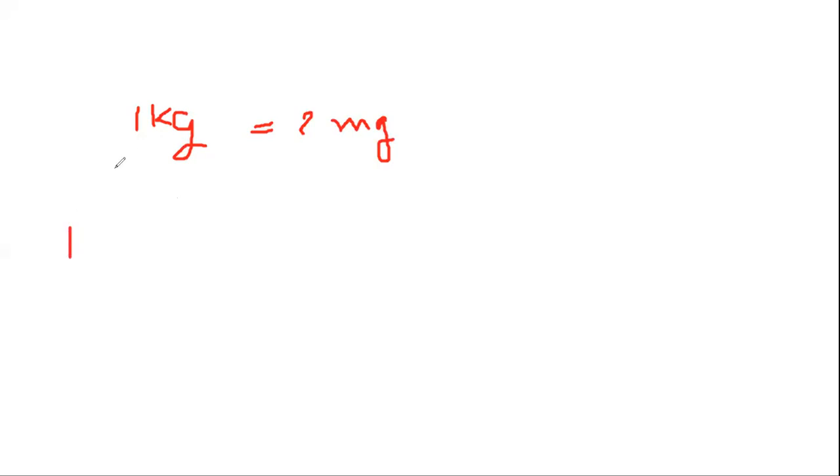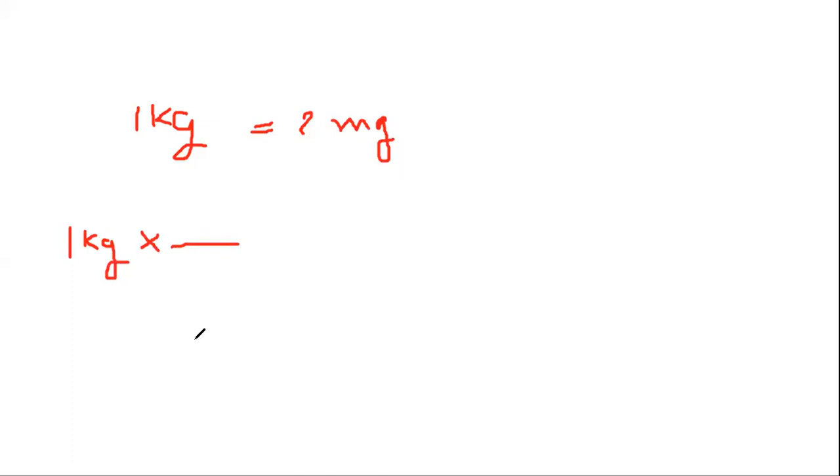So first you have to write down what is given to you. This is 1 kilogram. And you must write down the 1 kilogram. And then now I'm going to use the factor, and the factor is the same as given in the table. And I ask you to take the picture, and if you have the picture, just look at the picture and see what is the ratio between the kilogram to the gram.